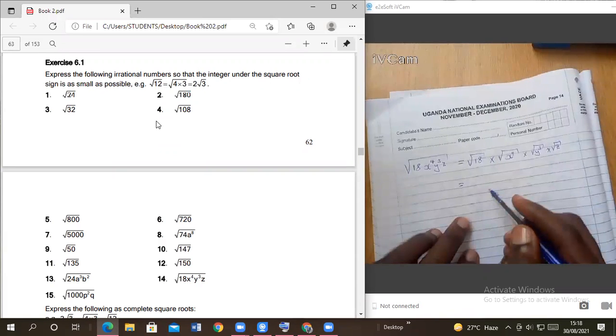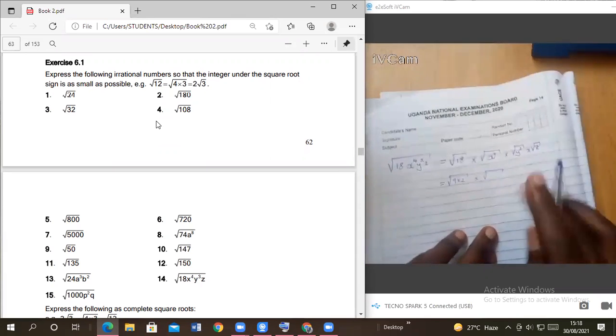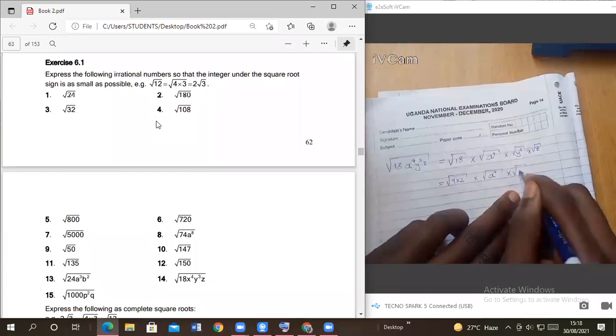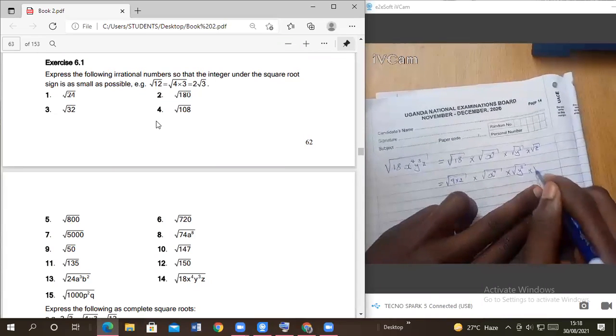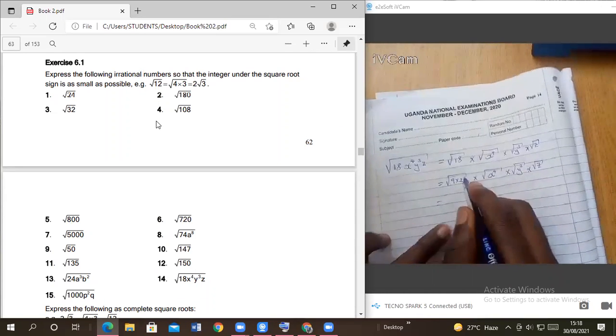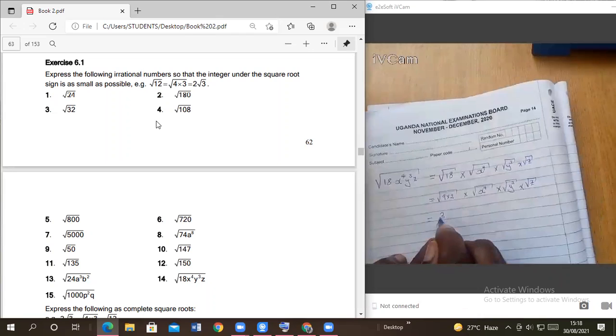So we have the square root of 9 times 2, times the square root of x to the power 4, times the square root of y cubed, times the square root of z. So you find that we shall remain with 3 root of 2.